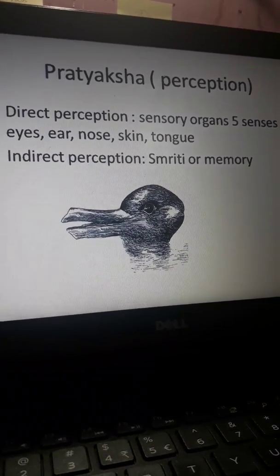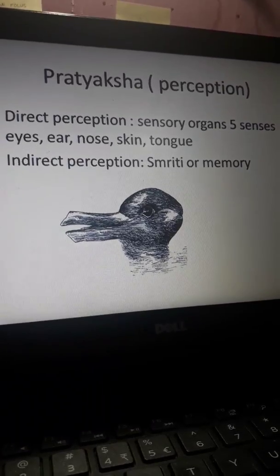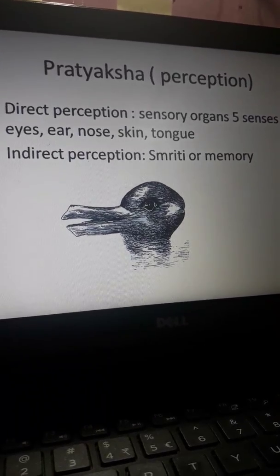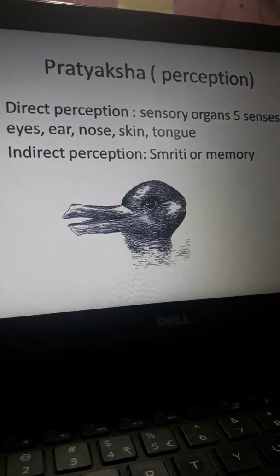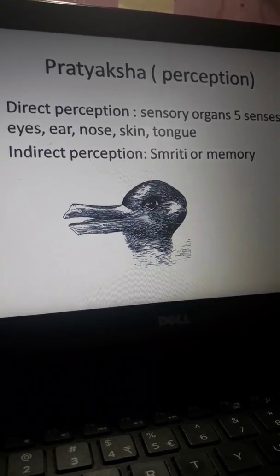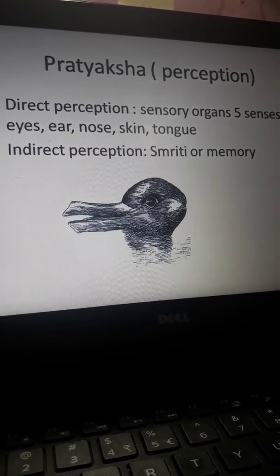Direct perception involves the physical body, the 5 sensory organs. These are the eyes, ear, nose, skin, and tongue.